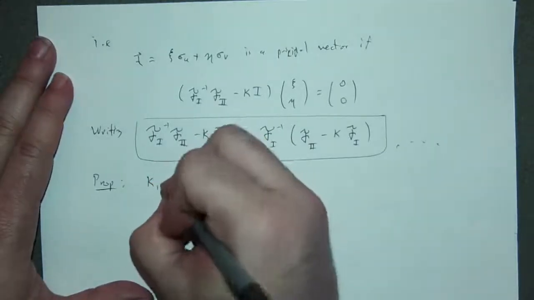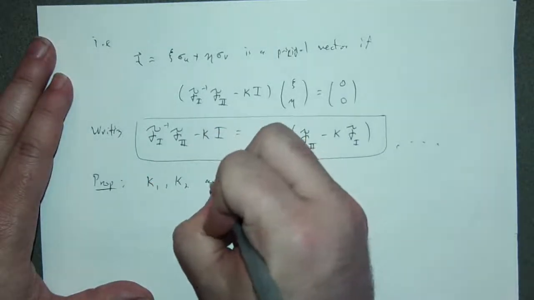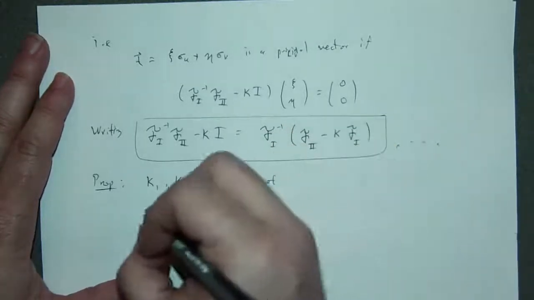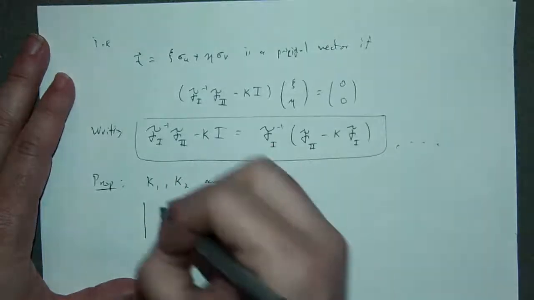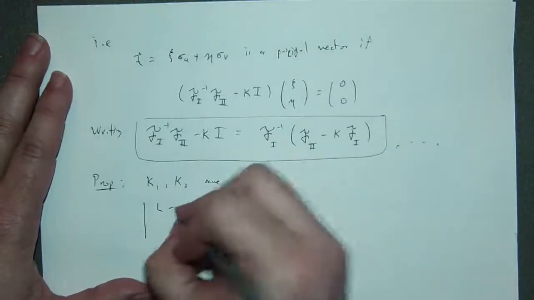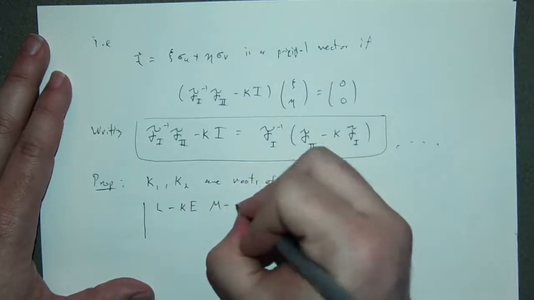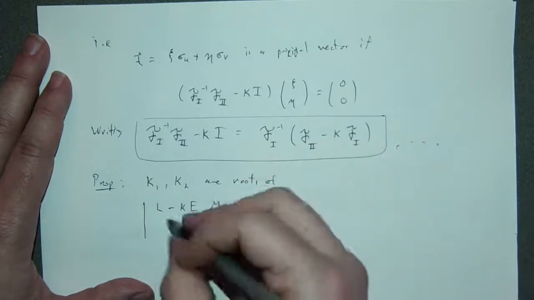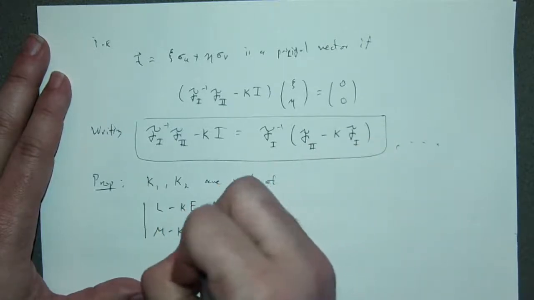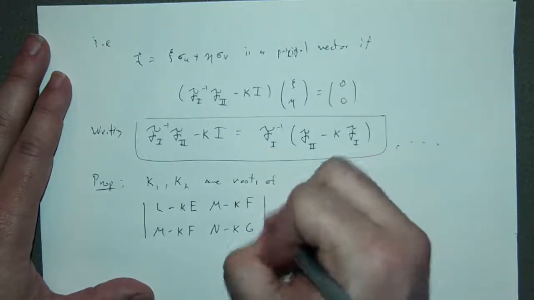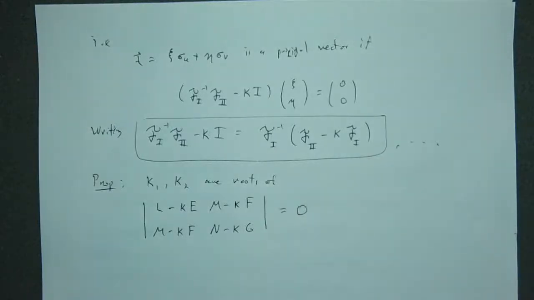The principal curvatures kappa 1 and kappa 2 are roots of the determinant of the matrix with rows (L minus kappa E, M minus kappa F) and (M minus kappa F, N minus kappa G). This determinant is equal to 0. So if I can find roots of that expression, I have found kappa 1 and kappa 2.